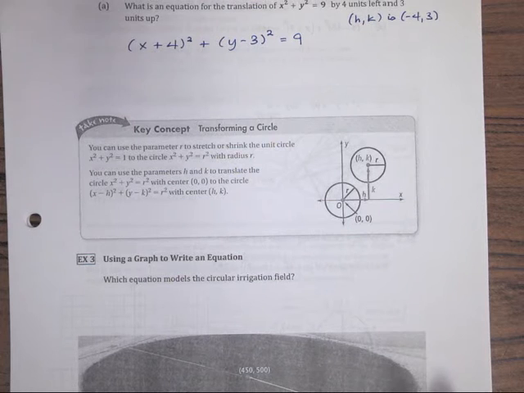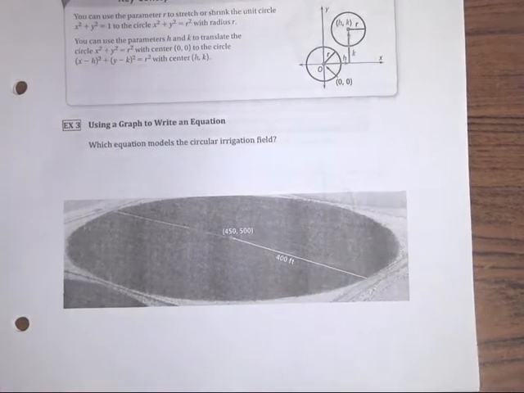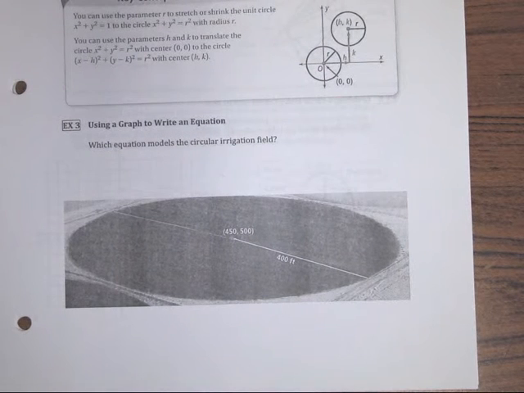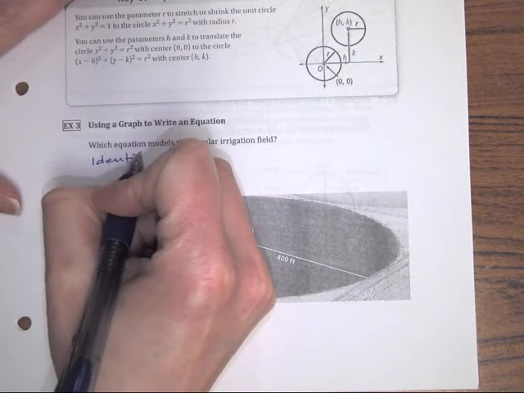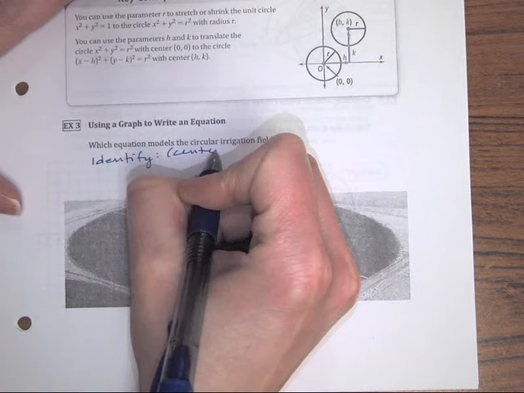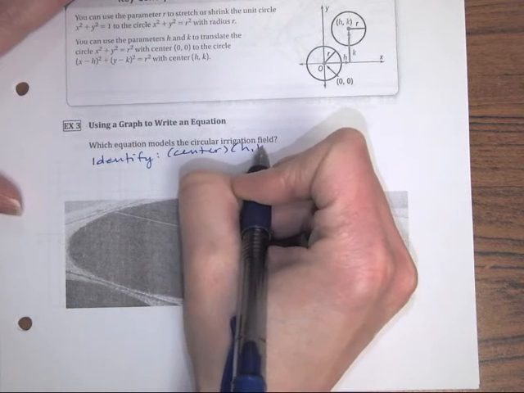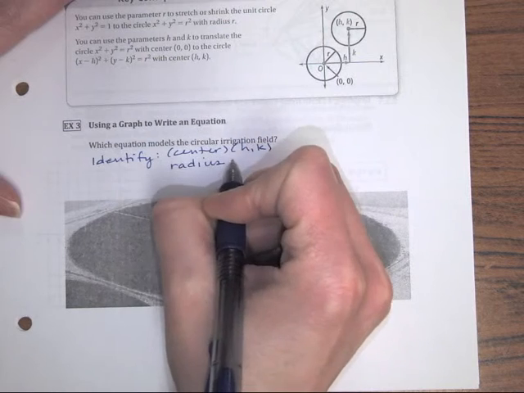Let's do this. Let's go down here to example 3. Which equation models the circular irrigation field here? So there's a couple of things we need to identify. Identify the center, which is (h, k), and the radius, r.